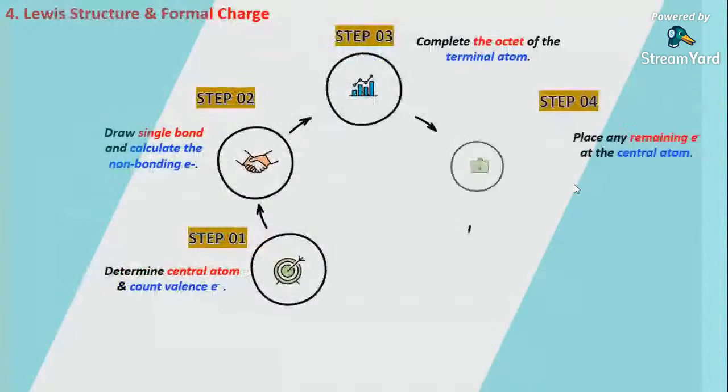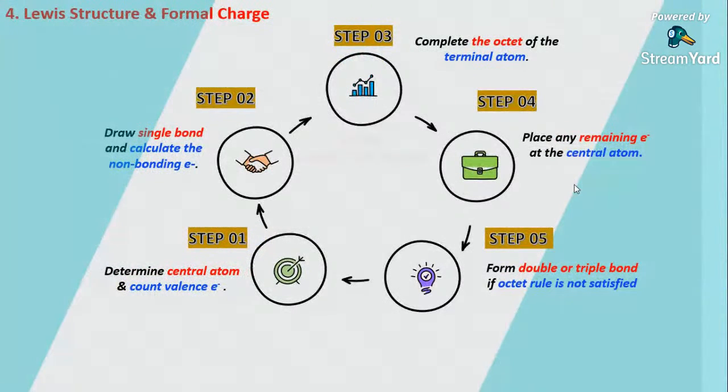Okay, this is the main part to help us answer the questions in this chapter. You must make sure that you know how to draw the correct Lewis structure. You must remember all 5 steps. Central atom: choose the electropositive one, then count the valence electrons.